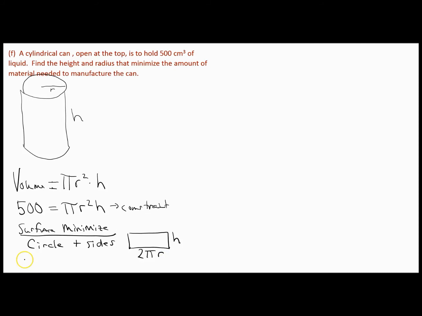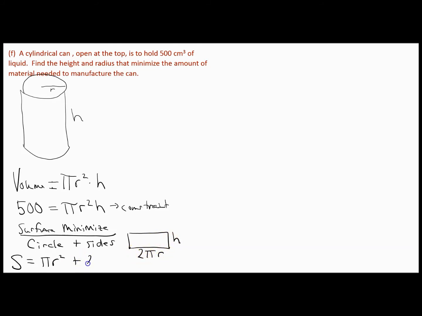So when you talk about surface area, I'm just going to call it S for surface area. I'm going to have the circle at the bottom, which is going to be pi r squared, because you're talking about an area, and this is also an area because we multiply length times height.